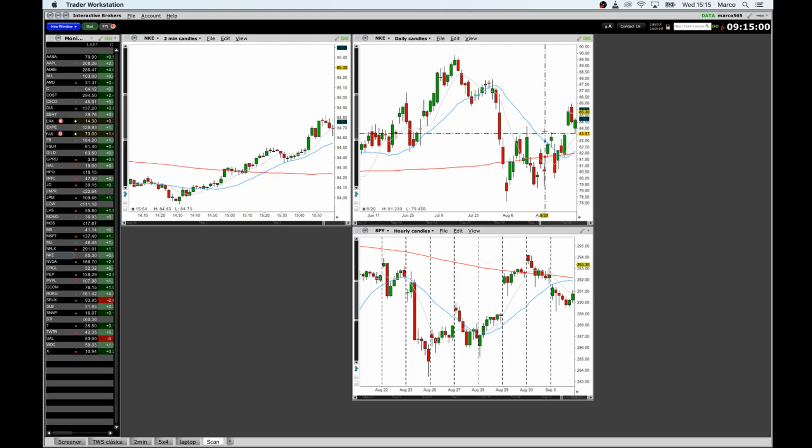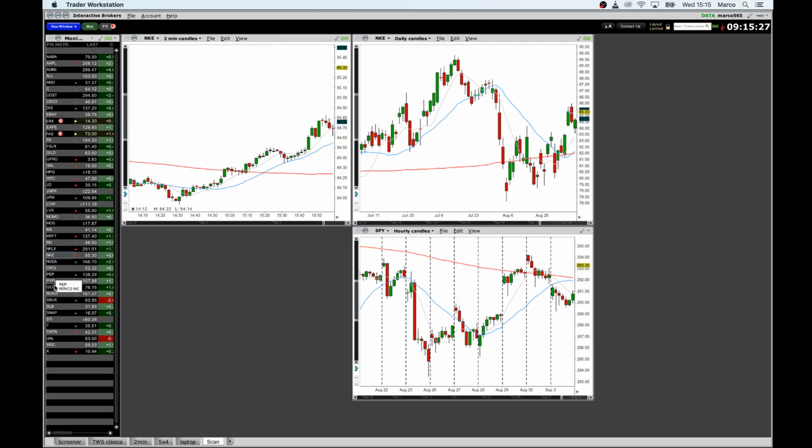Okay, so let's put Nike, NKE, with 1 star, because I don't like the way the Fab 4 are doing. So they are going up, and they pull back a little bit, but not enough. We never know when it's enough or not, but I would like to see a bit more pullback there.